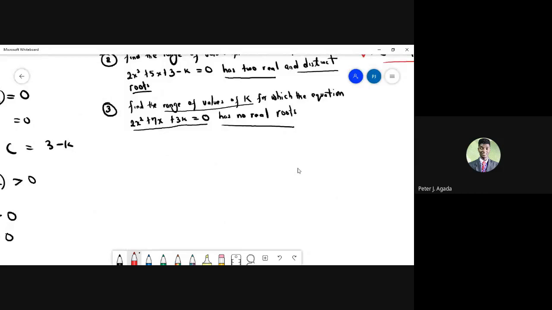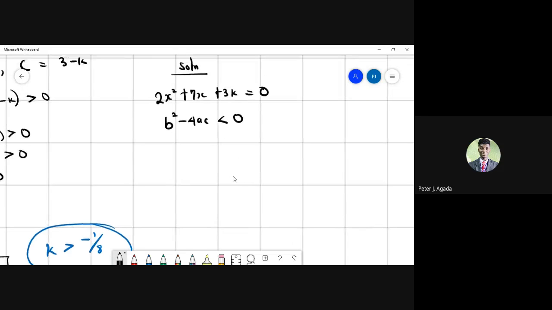I'll start and write my equation here so we can substitute directly. My equation is 2x squared plus 7x plus 3k equals 0. The condition based on the discriminant is b squared minus 4ac should be less than 0. Let's identify what a, b, and c are, so we can gradually solve.